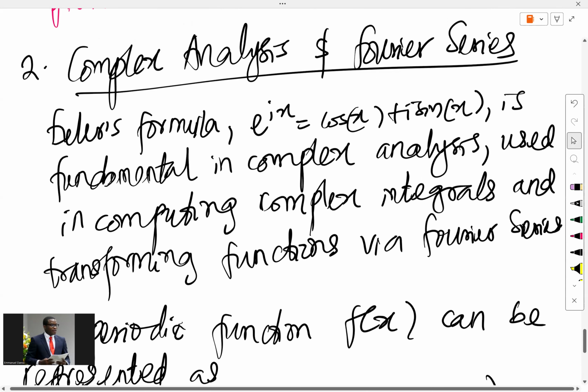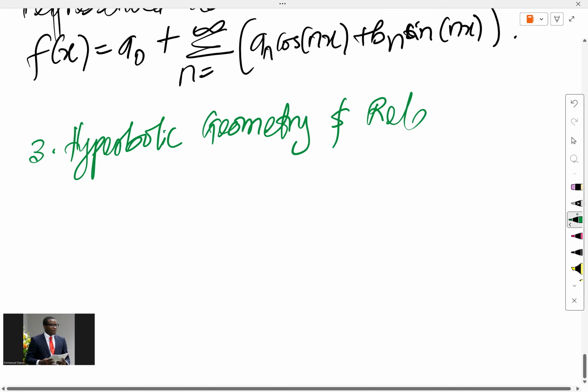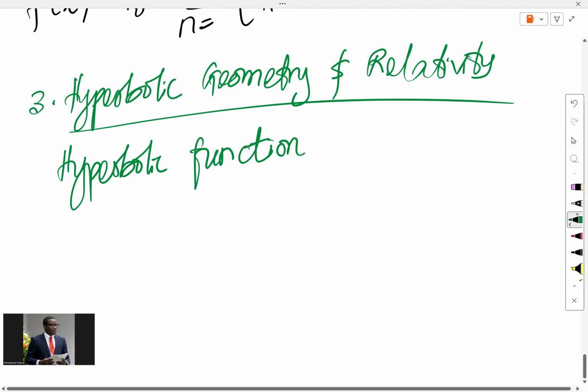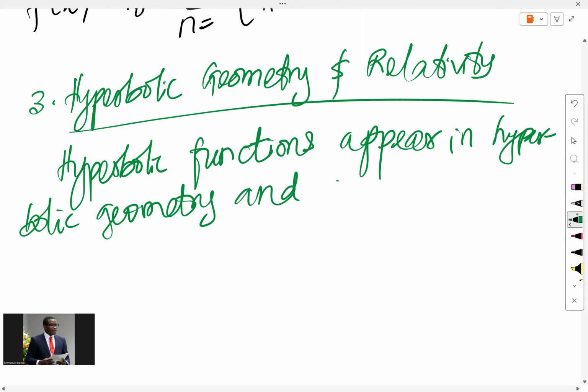There's a third application, hyperbolic geometry and relativity. Here, hyperbolic functions appear in hyperbolic geometry and special relativity.